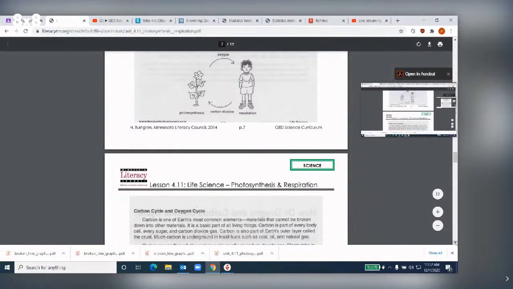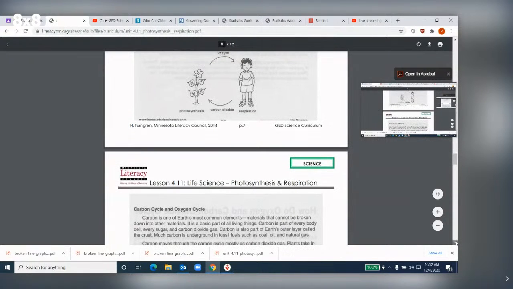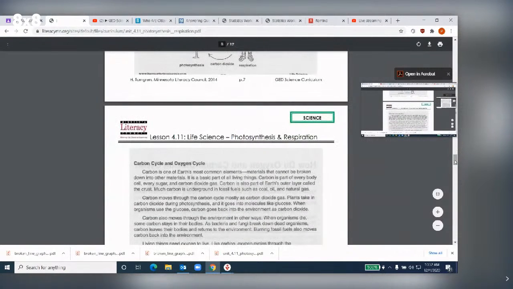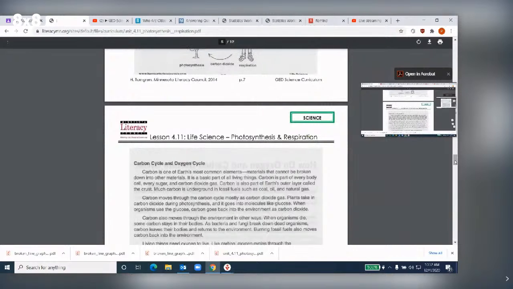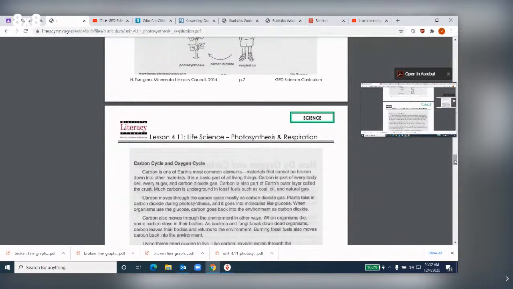So this talks about the carbon cycle and oxygen cycle. It says, carbon is one of the Earth's most common elements. Elements are materials that cannot be broken down into other materials. It's a basic part of living things. Carbon is part of every body cell, every sugar, and every carbon dioxide gas. Carbon is also part of the Earth's outer layer called the crust.